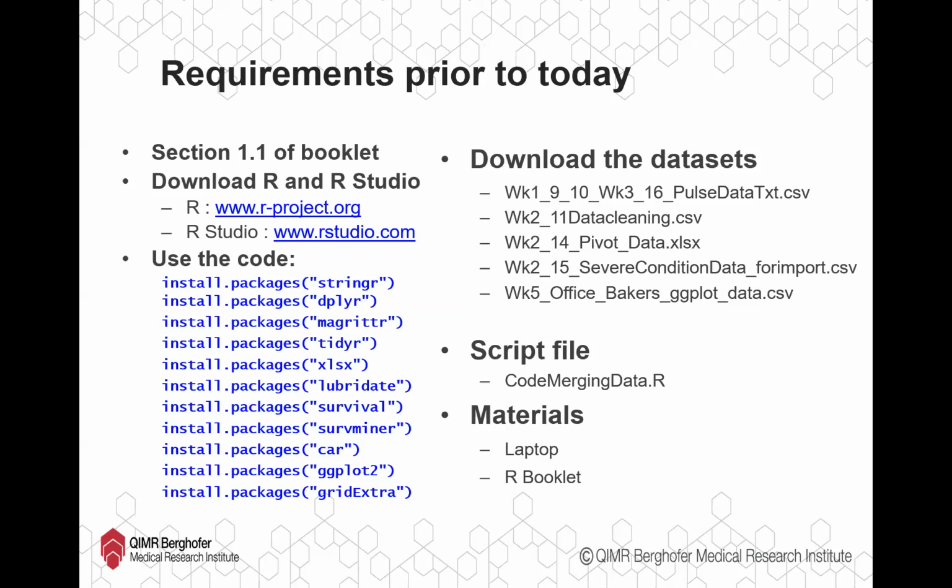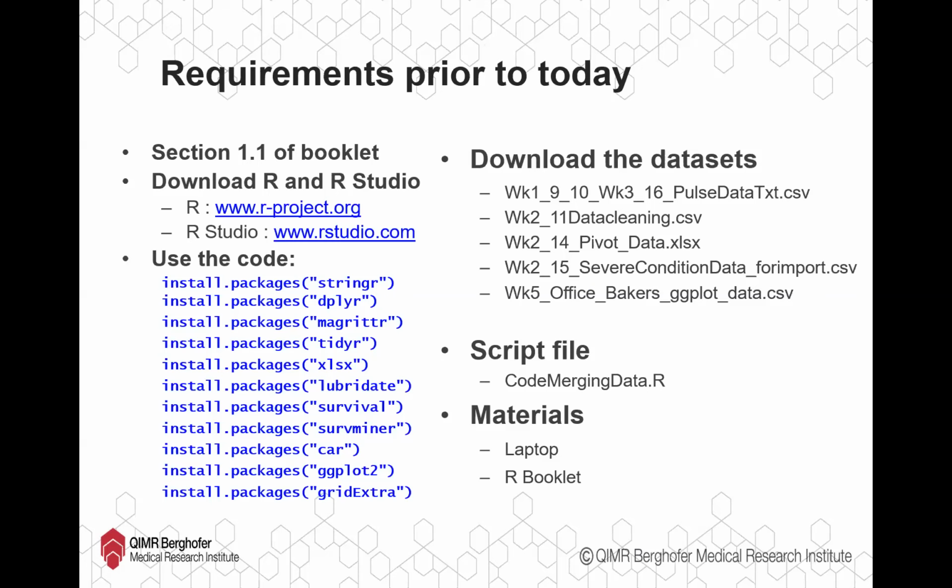Hopefully you've also run some of that code on the left of the screen there for installing the packages. The previous video went over how to install packages in a bit more depth because we will perhaps be using some of those functions today. We'll also be using that first data set, the pulse data text, more specifically the week 1, 9, and 10 and week 3, 16 pulse data text CSV file there.